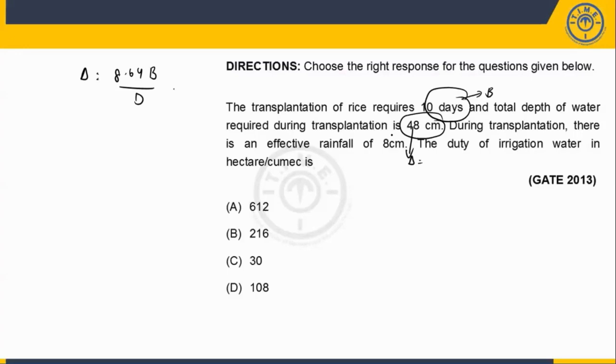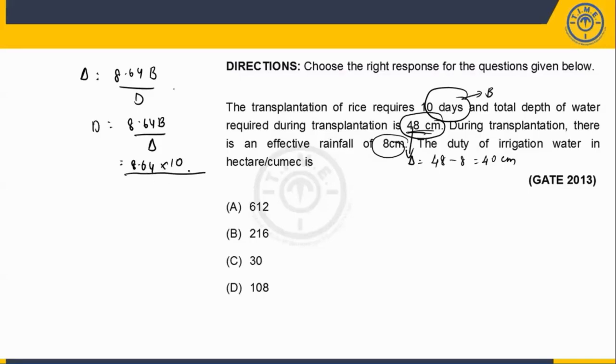8 centimeter rainfall. B is how much? 10 days. During transplantation, there is a rainfall also. Water required is 48 centimeter. Out of 48, you have 8 centimeter rainfall. So how much do you need to provide? 48 minus 8 is 40 centimeter. Therefore, duty D equals 8.64 B by delta. 8.64 into B, which is 10 days.